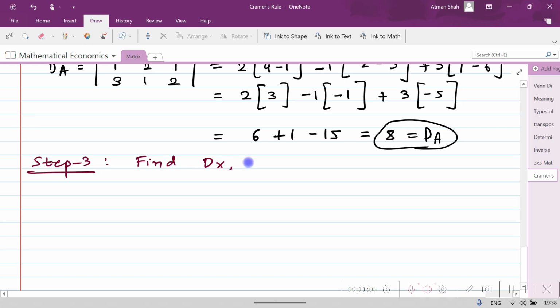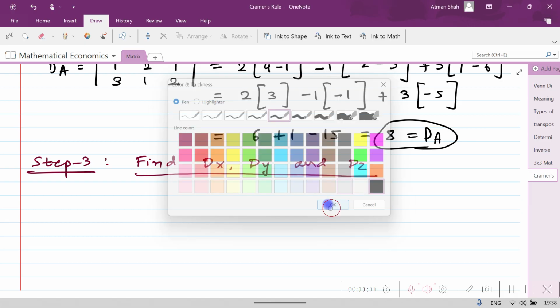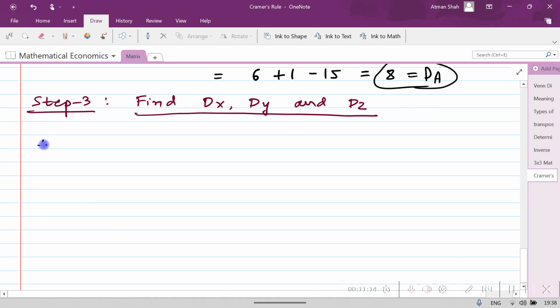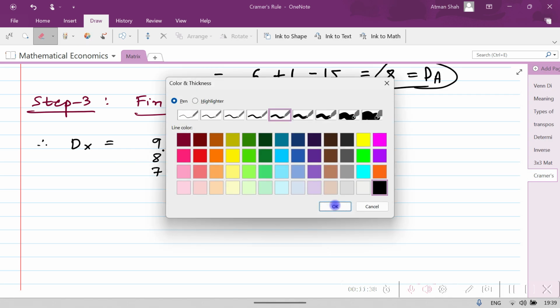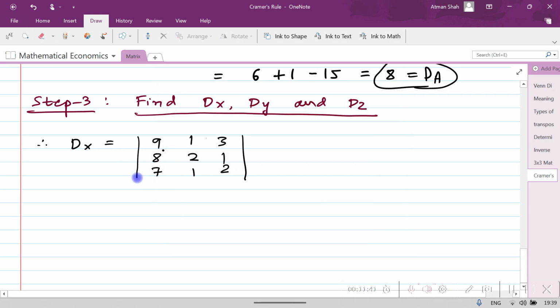Find dx, dy and dz. So therefore, what is dx? Replace the first column with constants. So it is 9, 8, 7. This is constant. Other two columns remain the same. So it is 1, 2, 1, 3, 1, 2. This is the determinant of x.